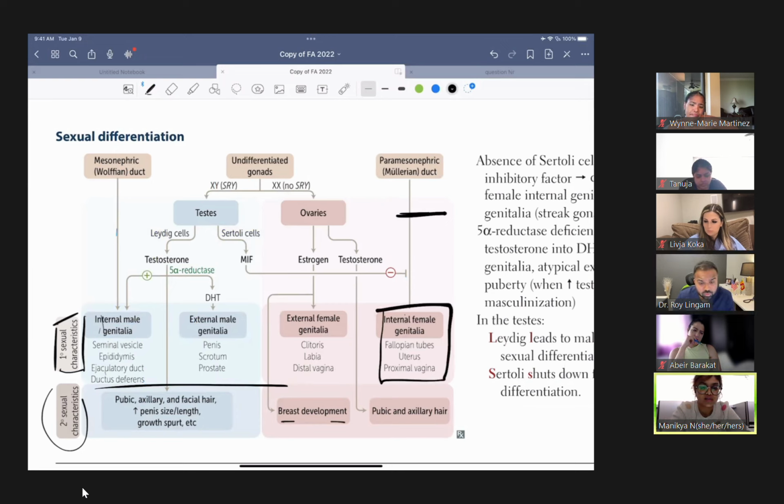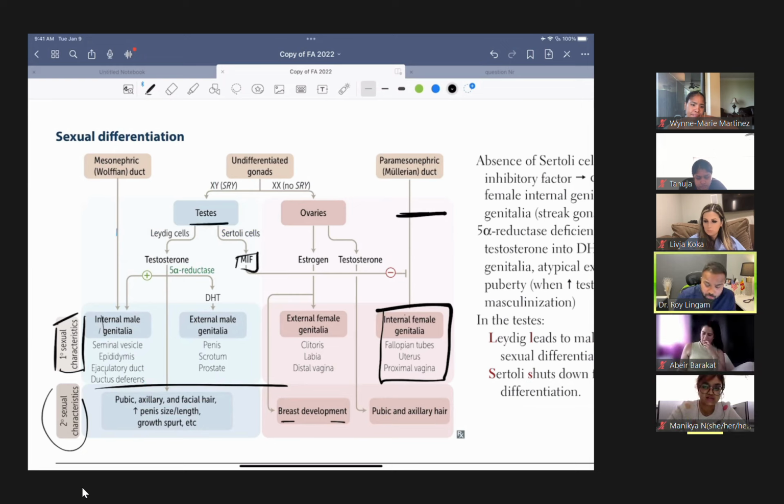And the relationship with MIF, I always tend to miss these questions. So if a testis develops, a male doesn't need Mullerian ducts, do they? They don't. So that's why we inhibit the Mullerian duct by a factor called MIF. That's called Mullerian inhibitory factor. So when we become a male, we do not want Mullerian duct.